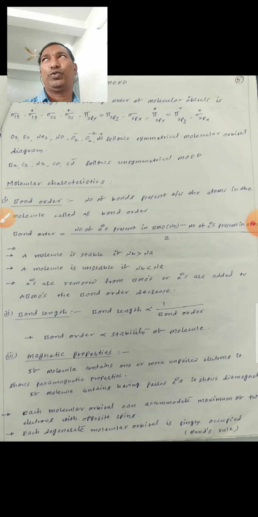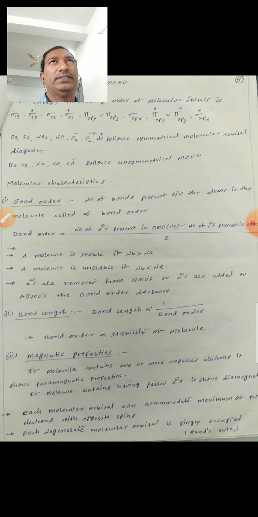For example, the N2 molecule, N triple bond N. 3 bonds are there between 2 nitrogen atoms, so the bond order of the N2 molecule is 3.